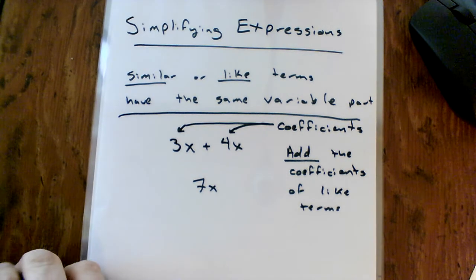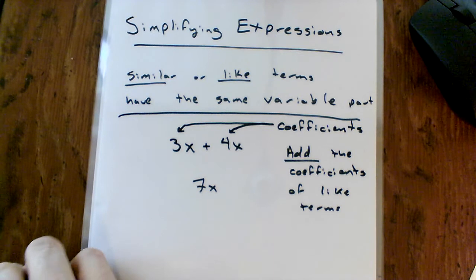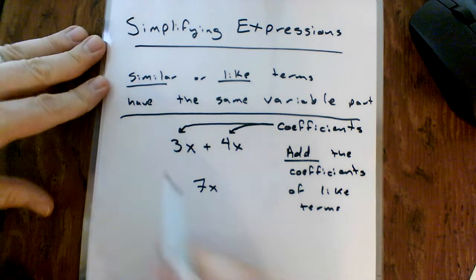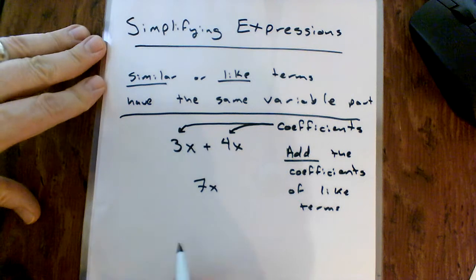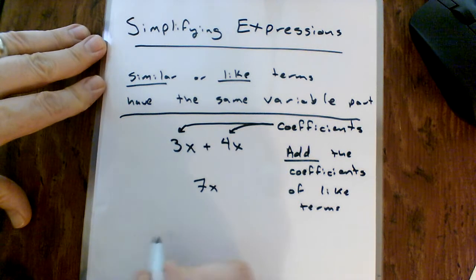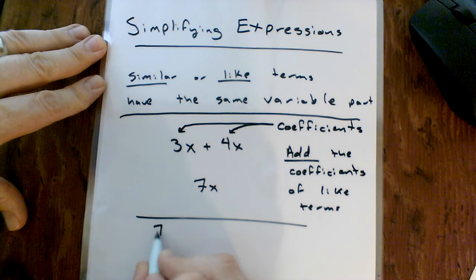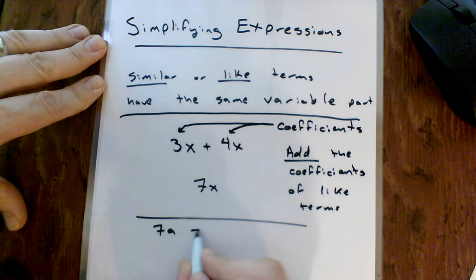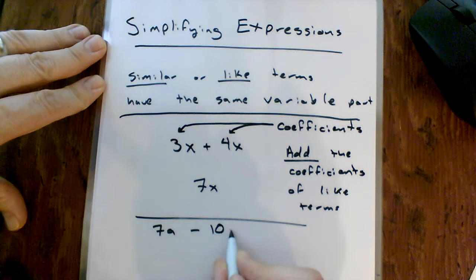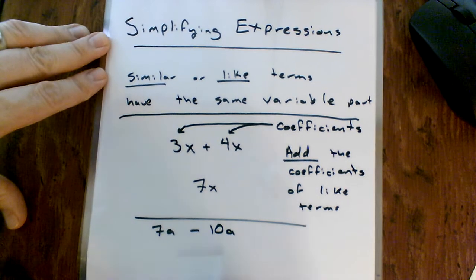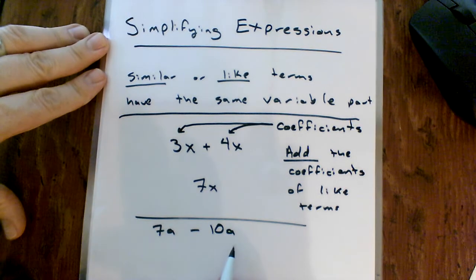But what happens if I've got something a little different? These are just positive. Like, say I've got 7a, and I take away 10a. Well, again, I'm just going to combine my coefficients.